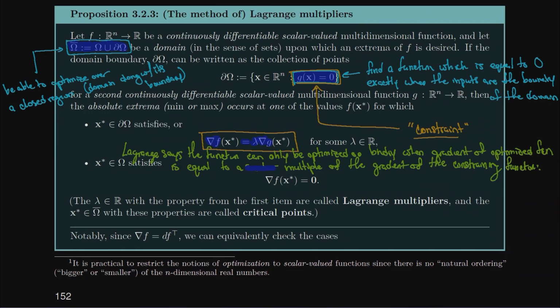And that scalar multiple is the whole reason why it's called a Lagrange multiplier. That lambda playing the role to modify the gradients is called the Lagrange multiplier.